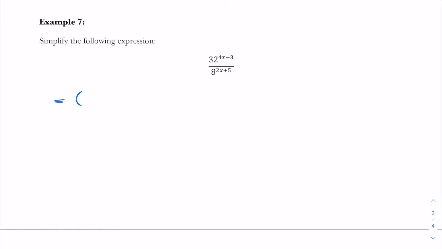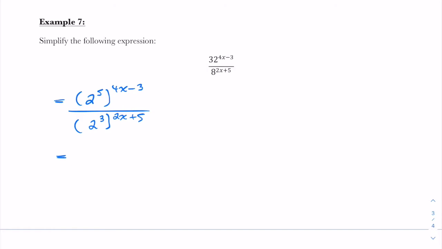32 can be written as 2 to the exponent 5. 8 can be written as 2 to the exponent 3. Now both of them have the same base that will allow us to simplify the exponents, you'll see.